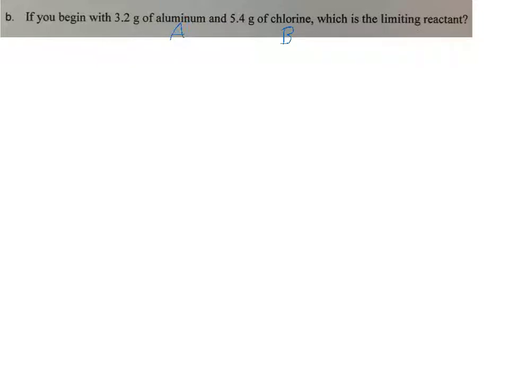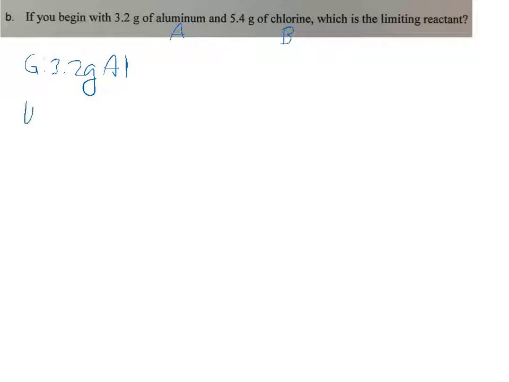So steps for finding limiting reactants, you need to convert the mass that you're given for your reactant A into how much you would have for the reactant B. So that means that this is a conversion problem. It's a full stoichiometry problem. And we know that we have 3.2 grams of aluminum.